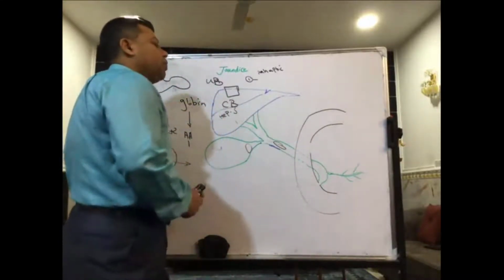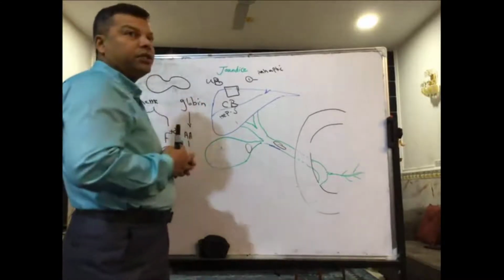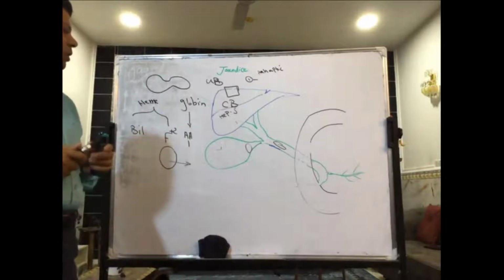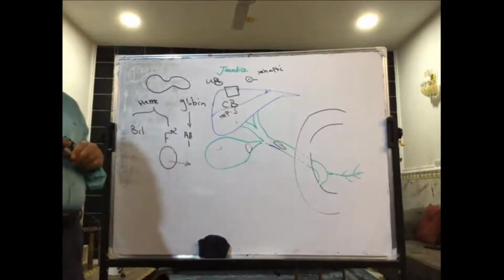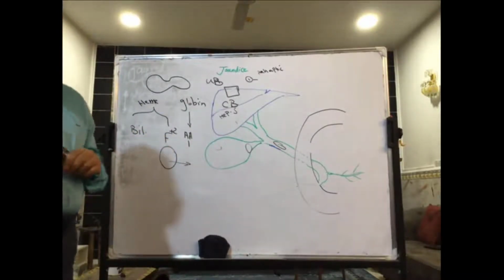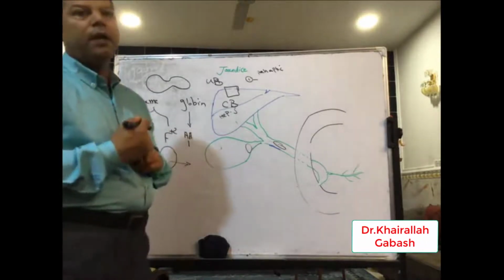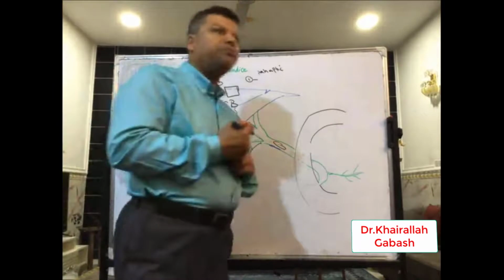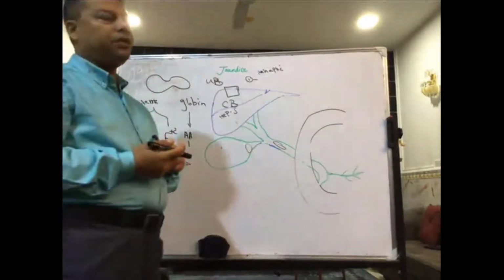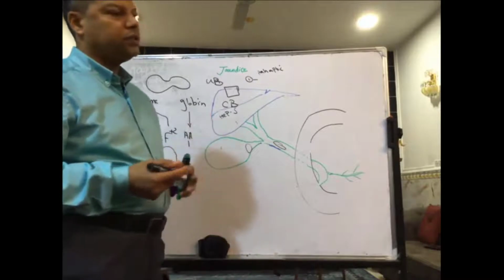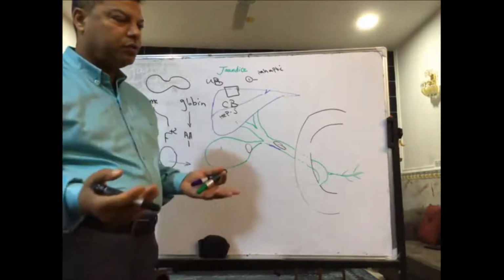Now we go to how we can differentiate between the three types. First of all, by history and examination. Clinical history should ask about the chronicity of the jaundice. Is it acute?